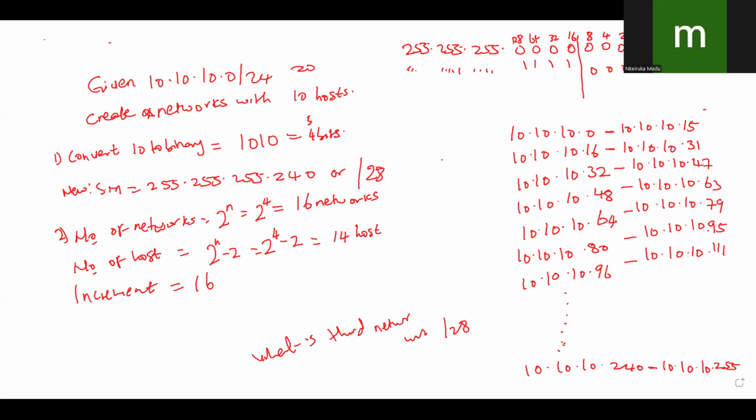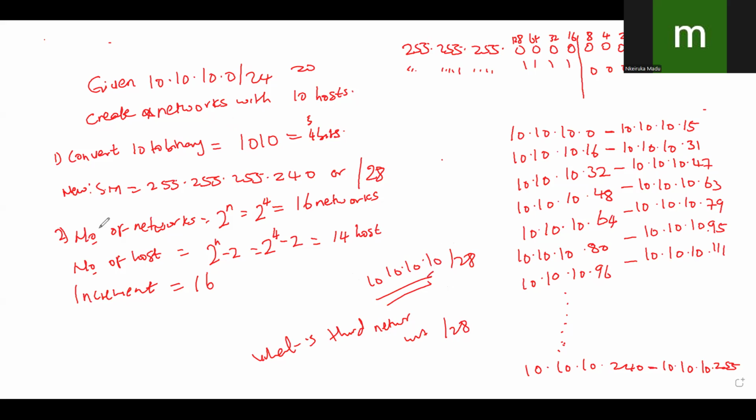Another one that I've seen them ask is they will give you an IP address and then ask what is the network ID for this IP address. So they may give you 10.10.10.10/28 and ask what is the network ID of this IP address, because this is obviously a single IP address.